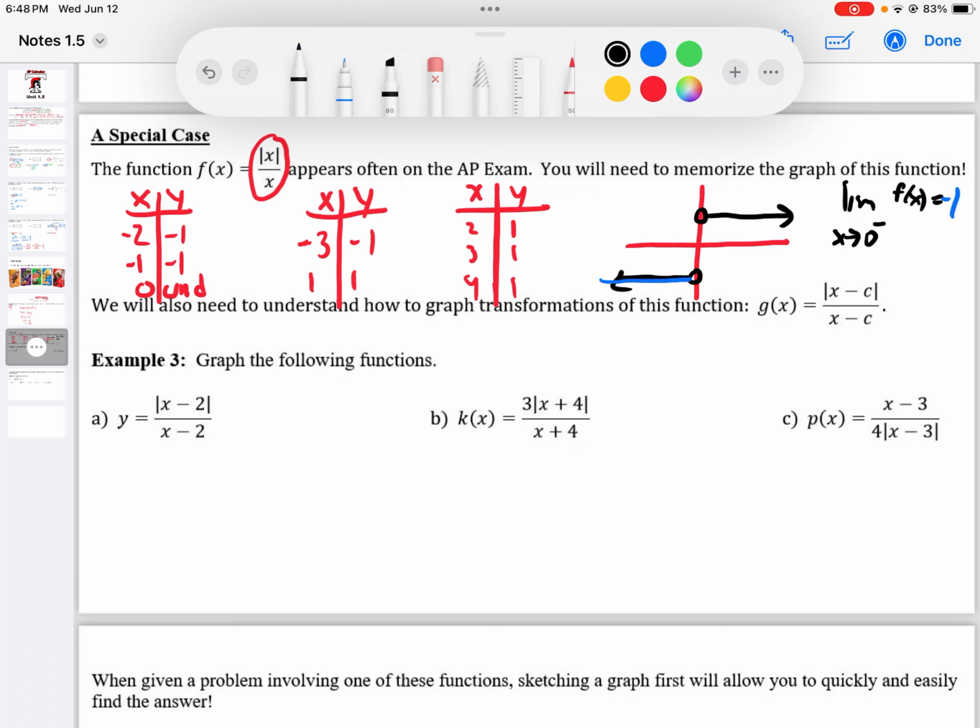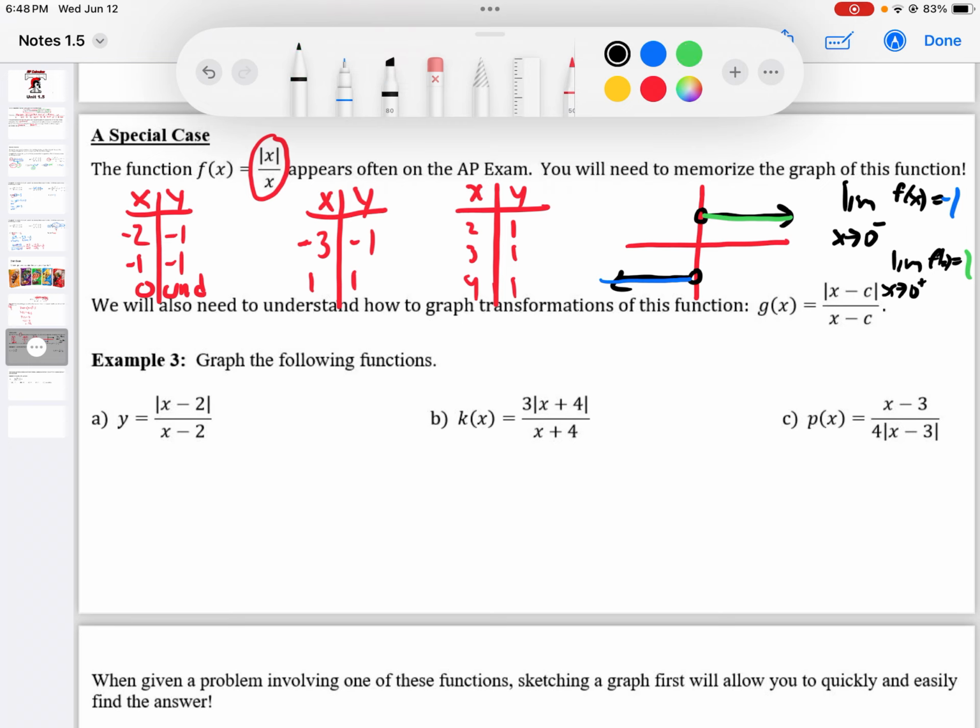If I want to see what is the limit as x approaches 0 from the right, so from the right, it's approaching +1. So the double-sided limit, if I just said the limit as x approaches 0 of f of x, would not exist because the left-handed limit and the right-handed limit don't match.